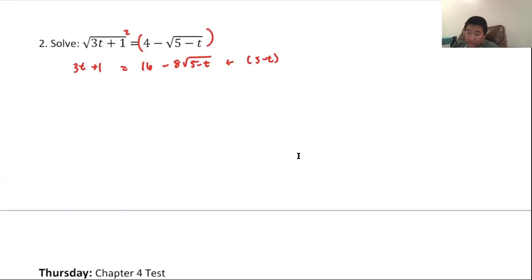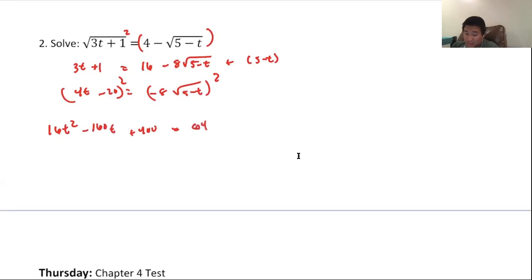Bring down the 5, that's negative 20. Add the 1, so that's 4t plus 20 minus 20 equals negative 8 square root 5 minus t. Square both sides: 16t squared plus 400 minus 160t equals 64 times 5 minus t. This is 80 minus 64t equals the same thing.